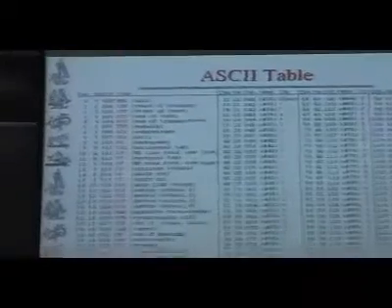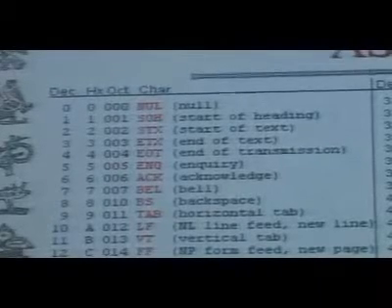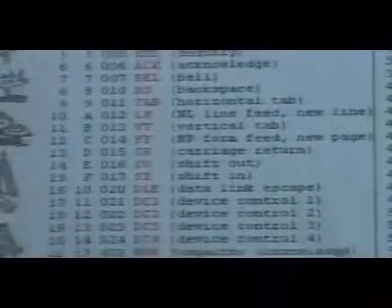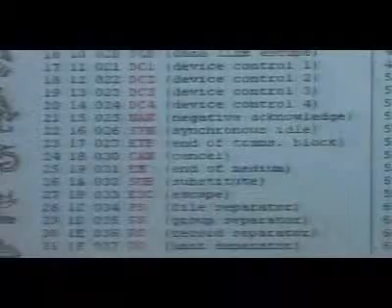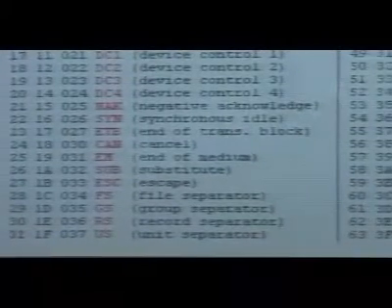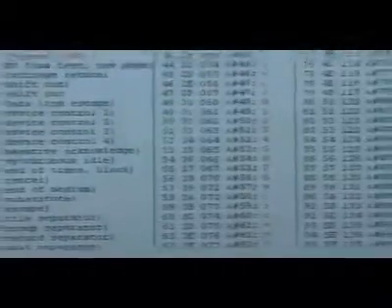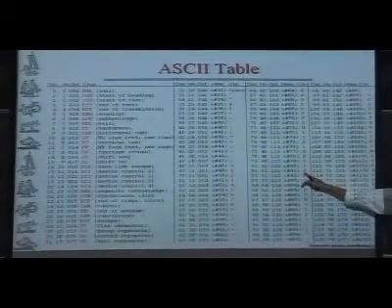Now, why do we need 7 bits? How many alphabet letters do we have? 26, right? So why don't we use 5 bits? Because there are many other symbols. Exactly. We have the question mark, we have punctuation, we have the comma, we have capitals.